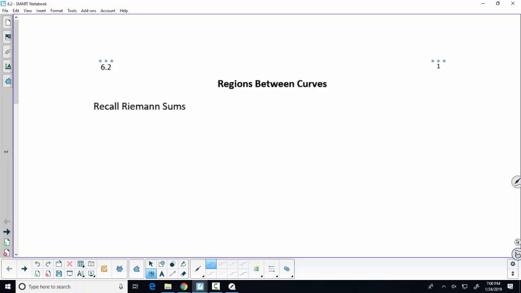Technically, if you came into this class from Calc 1 last semester, this section was taught, so I understand that might not pertain to everyone. So we'll just try to get everyone up to speed with what we're doing in 6.2 before we move on, because honestly, the way we think about things in 6.2 really plays a huge role in 6.3 and in 6.4.